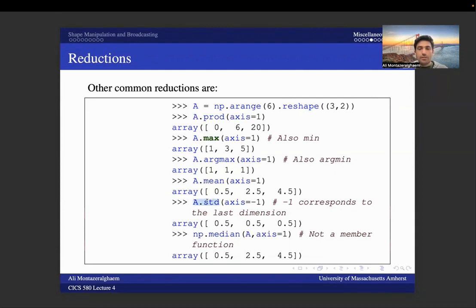For example, here we just call some function from the same array that we are working on, for example, a.std. But you can also use np dot some function, for example, np.median, np.mean, or something like this. But in this case, you need to pass the array and then the axis to generate the output.